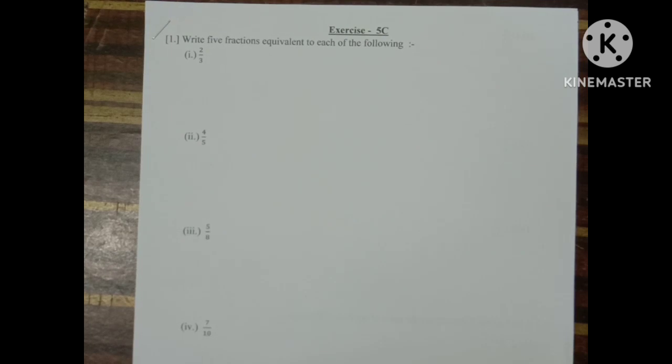So we want 5 other equivalent fractions of 2 by 3. Then we have to multiply the numerator and denominator first by 2, then by 3, then by 4, and so on. However many we want, we multiply and we will get the equivalent fractions.